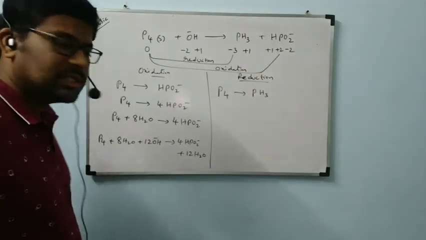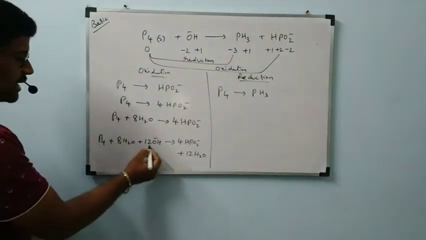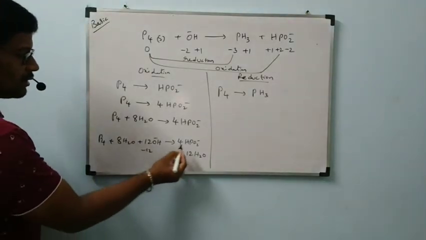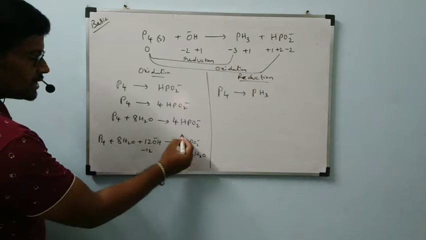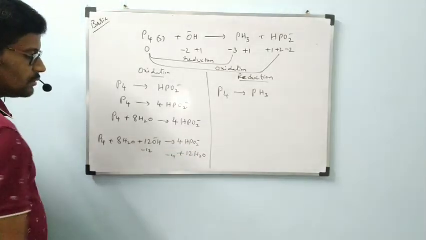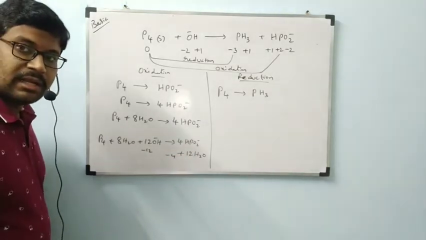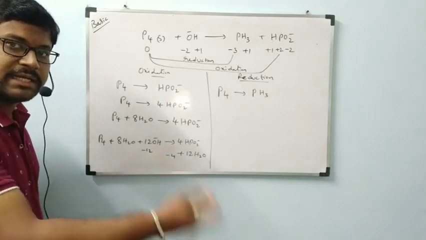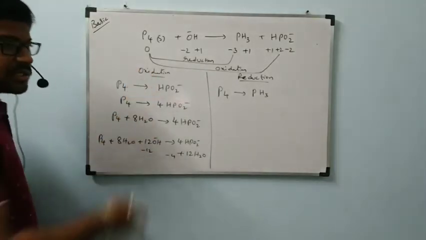Balanced. Now charge. Left side, what is the charge? Minus 12. Right side, minus 4. Difference 8. 8 electrons must be added on the right side, because this is oxidation.